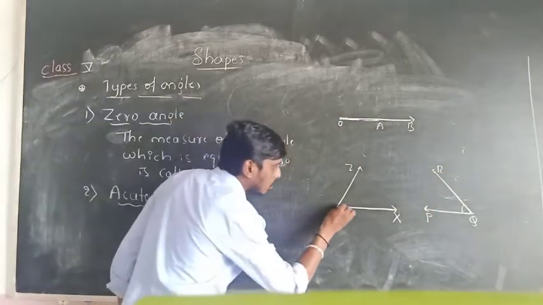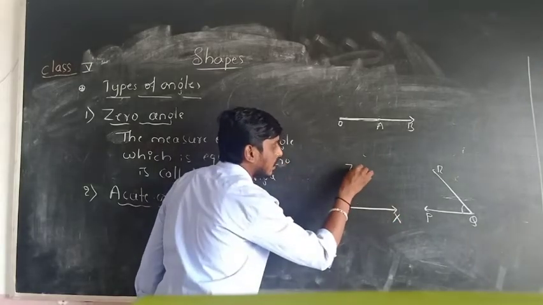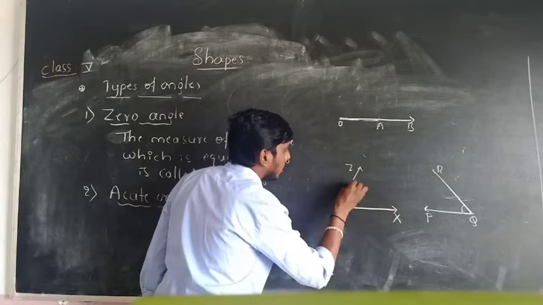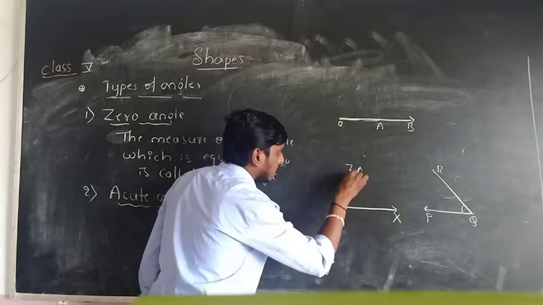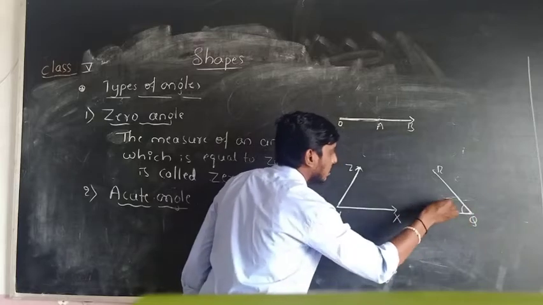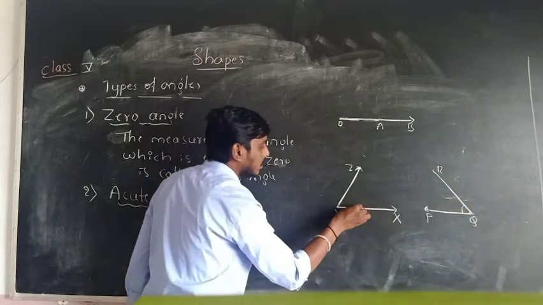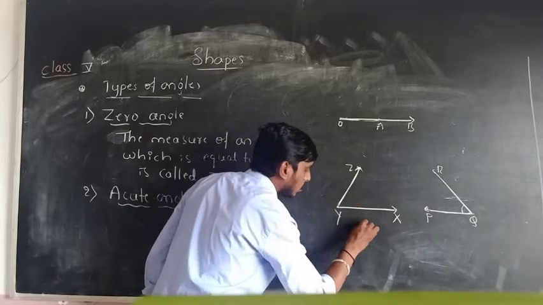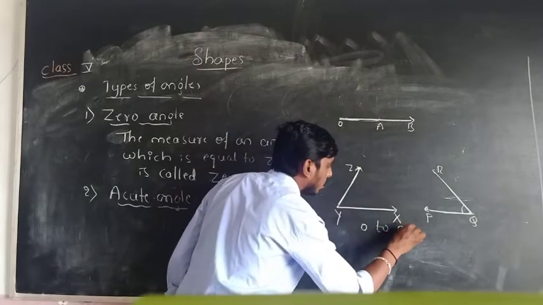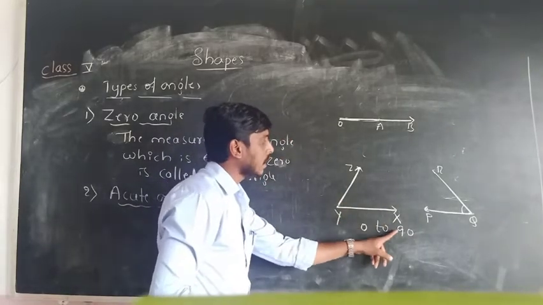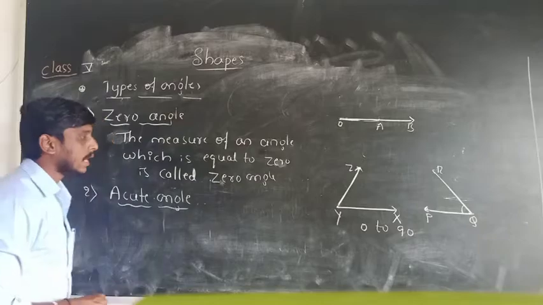See here, this is the initial ray and this is the final ray. So here the initial ray moves, and this is the final ray. So there is one angle, the measure of an angle in between 0 to 90 degree. The measure of an angle in between 0 to 90 degree is called acute angle.